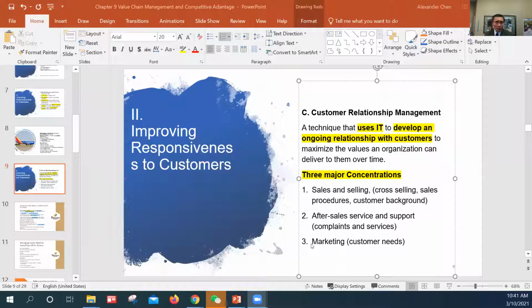And the last one is marketing. If you want to sell something new, like Amazon, they got your consumer behavior. They know which book you like to read, so whenever there's a new book, they'll tell you. eBay, you look at their computer, even if you don't buy one, they send you an email every day: we have this computer on sale, that computer on sale.